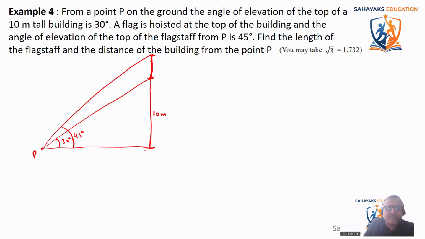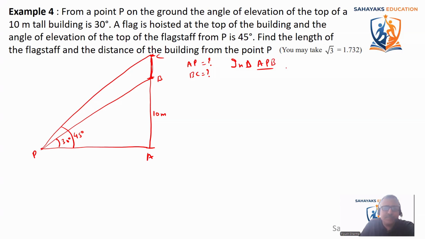So if we say A, B, C, we have to find out AP, which is the question mark, and we have to find out BC. Okay, so let's take the triangle APB.